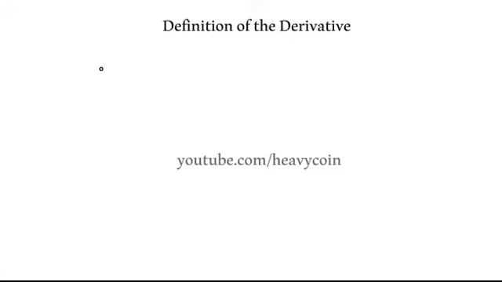Okay, so we're going to find the derivative of another function this time. First off, let's get this out of the way. Let's write down the derivative again. How to get it?